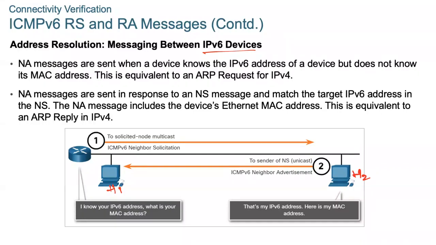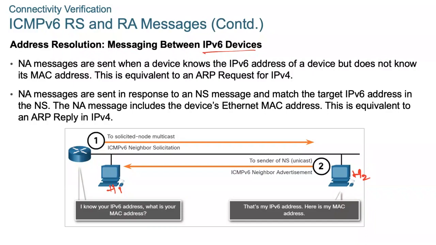These neighbor solicitation messages are sent when a device, it may be your host 1 or host 2, knows the IPv6 address of another device in the network, but does not know its MAC address. They only know the IPv6 address.